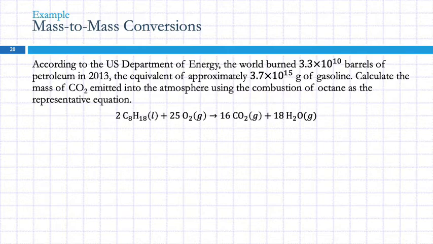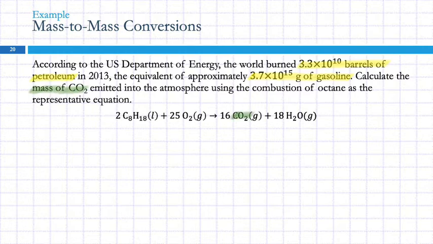So let's see what they're giving us. They're giving us this many barrels of petroleum and this many grams of gasoline. And what do they want us to find? Mass of CO2.